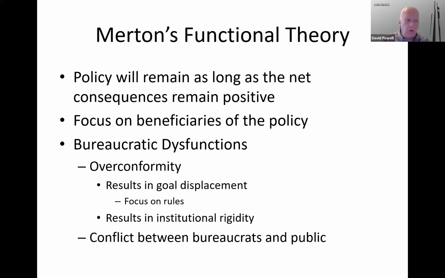Mechanisms for coordination and control: there really is no specific mechanism that is highlighted with Robert Merton in functional theory. It is going to depend upon what our beneficiaries need and how we can best serve them. And it's a similar type of thing with our motivational strategies. There's not one specific motivational strategy that is favored over another.